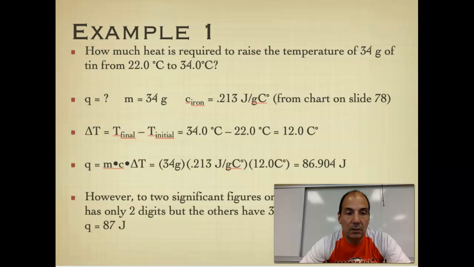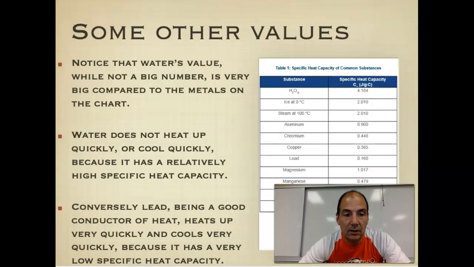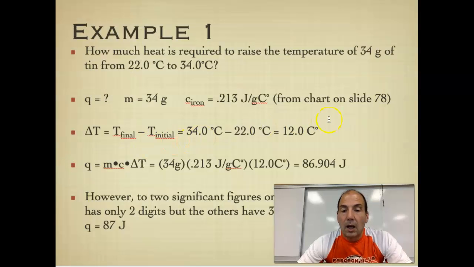That was in the table that we saw on this slide here. It's not that I'm pulling it out of thin air. And we were told that the initial temperature was 22 degrees, and the final is 34. Now, mentally you could just look at that and say 12 degrees, and that's fine. I don't have a problem with it. I'm just showing you the thoroughness, so that's where the 12 degrees is coming from, 34 minus 22.